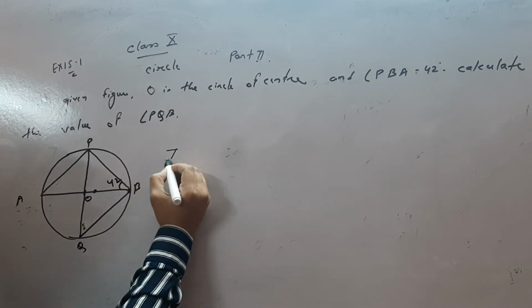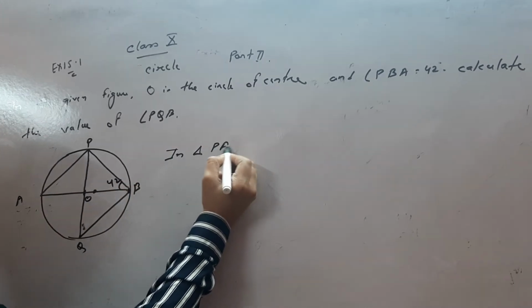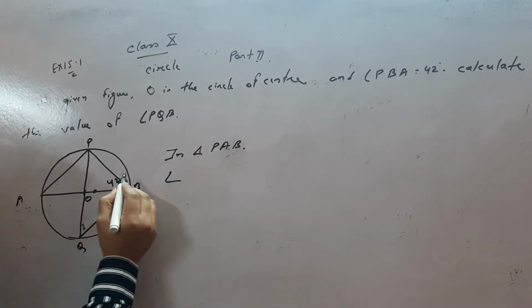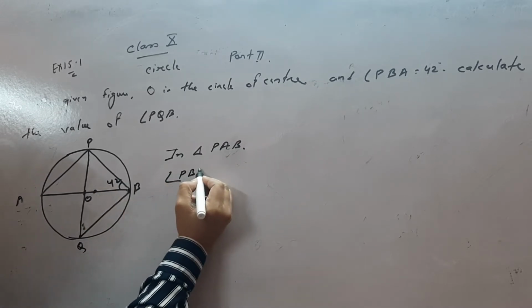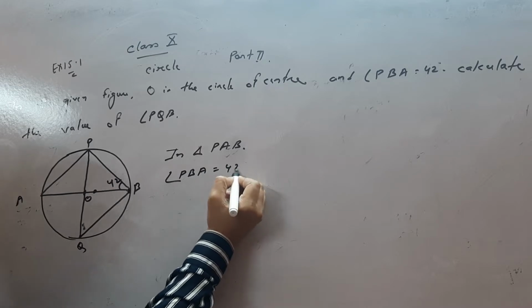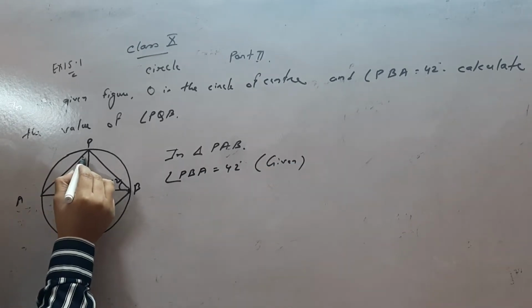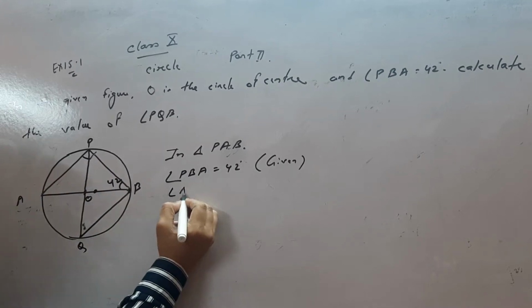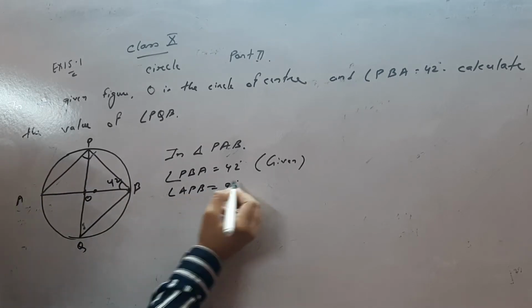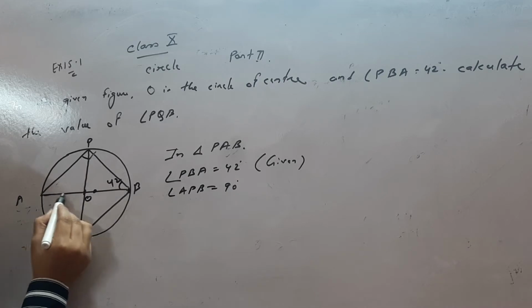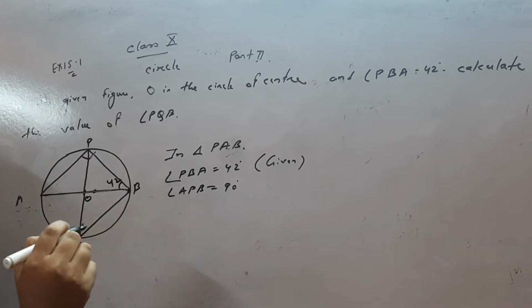First of all, in triangle PAB, angle PBA equals 42, given, and angle APB equals 90 degrees. How? Because this is the diameter and angle in a semicircle is 90 degrees.